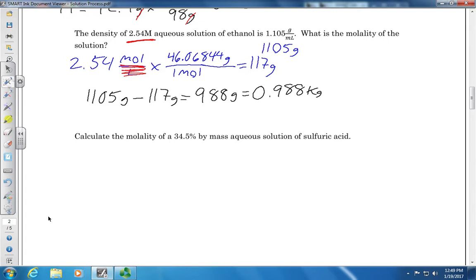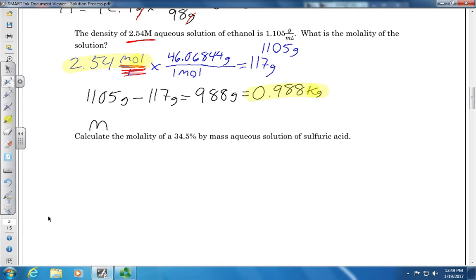So we have the moles of the solute, which are right here. That's our moles of solute. And we have our mass of solvent in kilograms. We can now calculate molality.